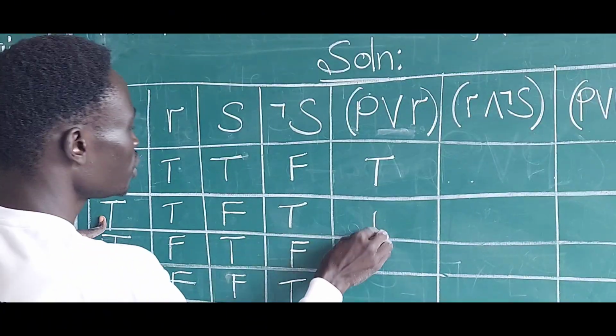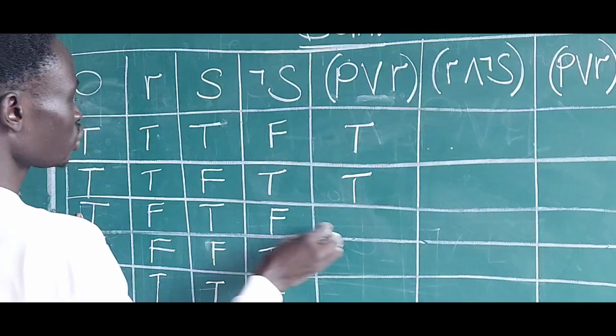And we say a disjunction is false when both P and R are false. So now here we have P and R. Here they are true, meaning this one will be true.